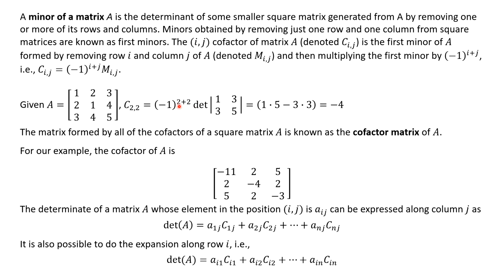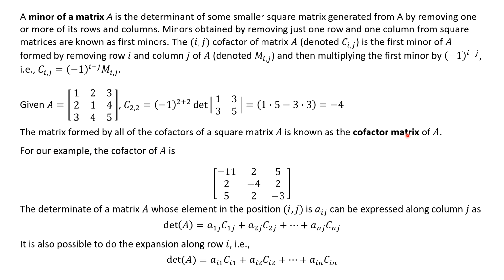Then we take minus 1 to the 2 plus 2 power, so that's just going to be 1. And then the determinant of a 2 by 2 matrix is just the product of the diagonal minus the product of the diagonal going the other direction. So we have that here, so we get a minus 4.